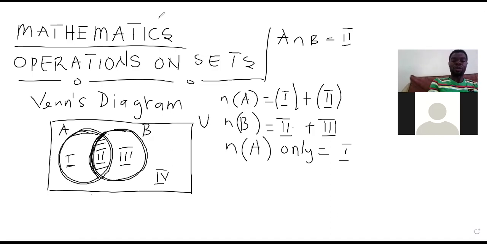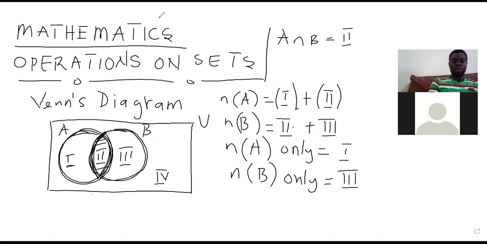And the number of B only should be equal to I. So when we take out the intersection, what is left, that's I, is representing number of B only.